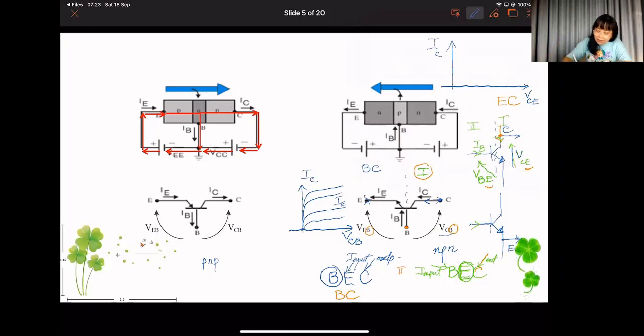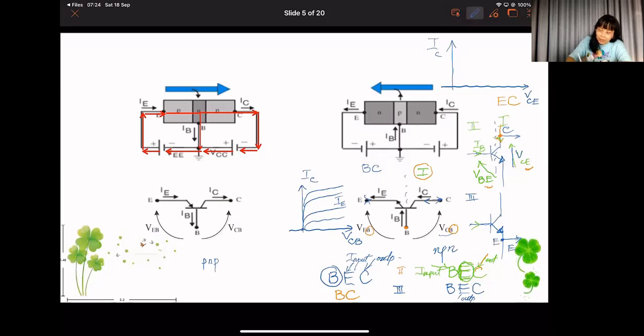And last, the third configuration. First configuration, you can see. Third configuration, here once more back. Very easy. This back output. Here, the emitter, right?